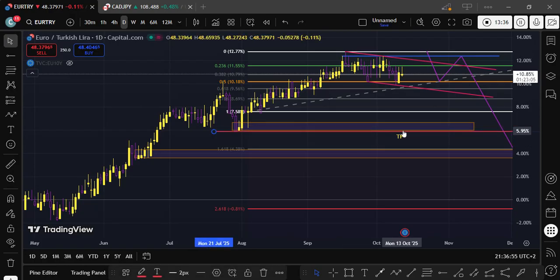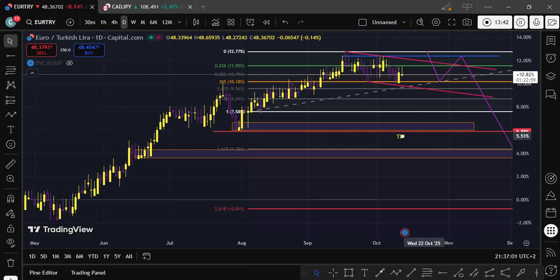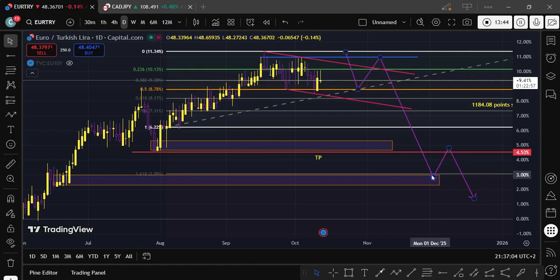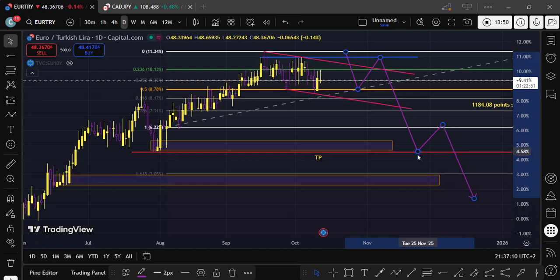That's why I have this take profit box down here. I'm expecting it to at least land on this level or at least manipulate this level and I'll be taking profit from that point.